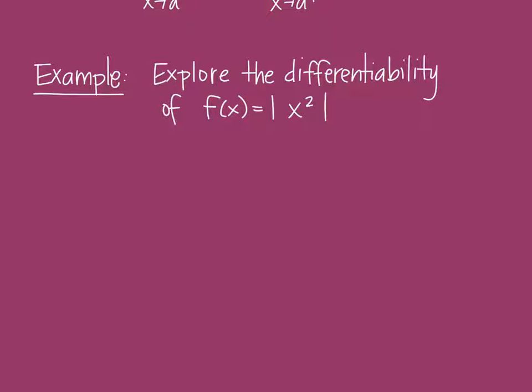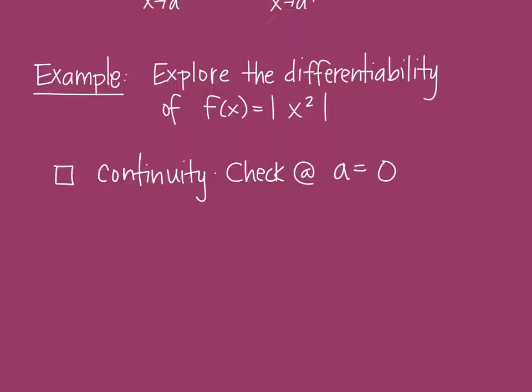All right, so first, you want to do your continuity check. Clearly, or maybe it's not clear, our continuity check is going to happen at the value a equals 0, because in an absolute value, that vertex is where we need to check it out.